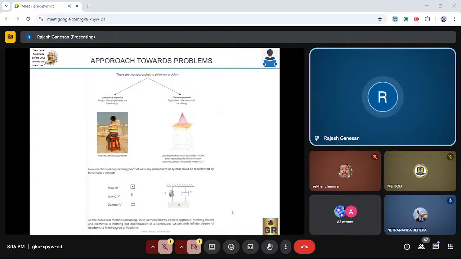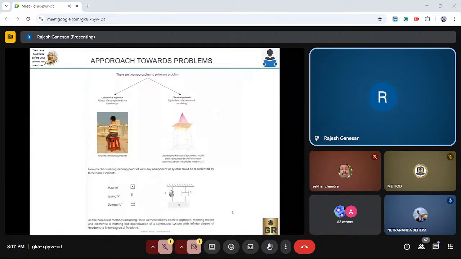Here you can see that from a mechanical engineering point of view, any component or system can be represented by three basic elements: one is mass, another is spring, and another is damper. These are the three things we want to consider. All numerical methods, including finite element, follow the discrete approach only. Whenever I put my model into FE analysis, it will go for the discrete approach.